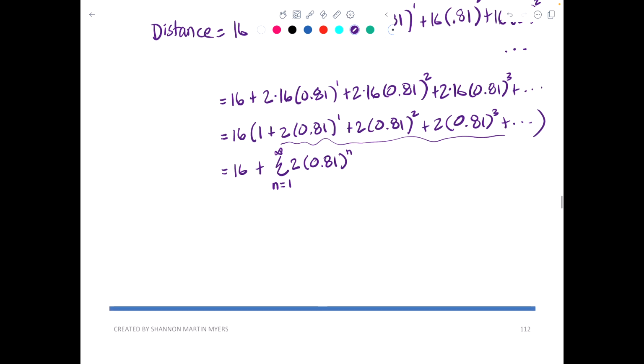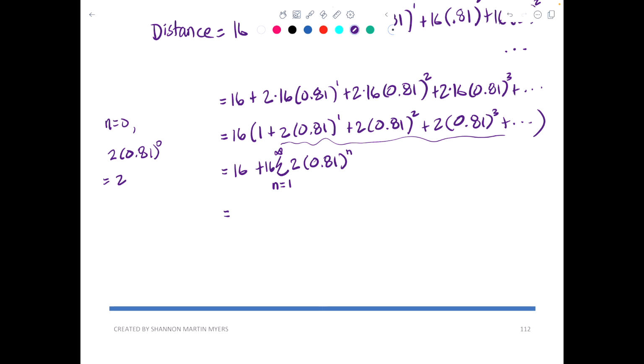Now I need to subtract out the term where n is 0. So when n is 0, you'd have 2 times 0.81 to the 0, which is just 2, correct? And we still have the 16 going on.